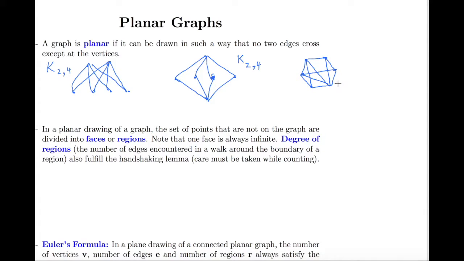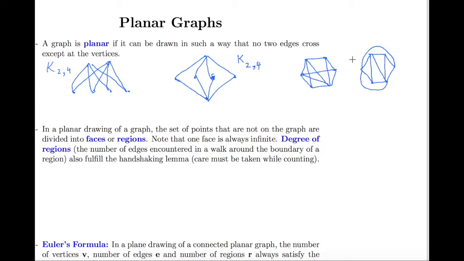Now note that in my drawing only the last two edges created the problems, right? So I can just draw this graph in the same order, but this edge here, I can draw it like this, and this edge here I can draw it like this. So this is another representation of the same graph.